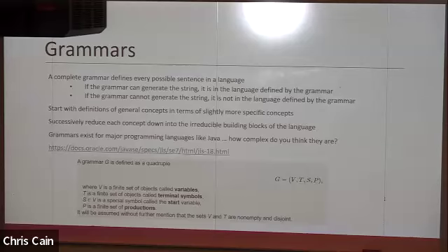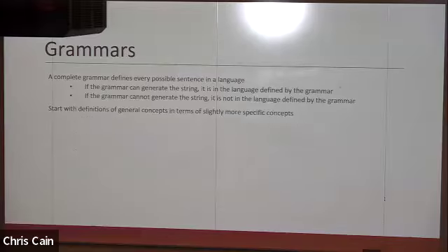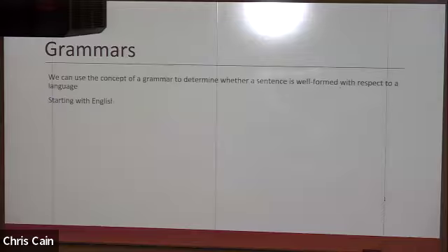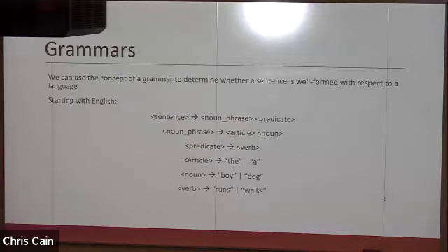So V, the variable objects, these are the left-hand sides, anything in angle brackets on that last grammar. So sentence, noun phrase, predicate, article, noun, and verb were all variables, or what I'm going to call non-terminals.